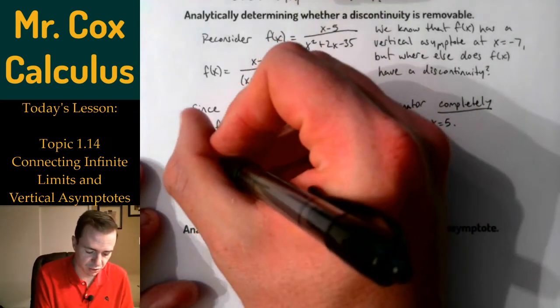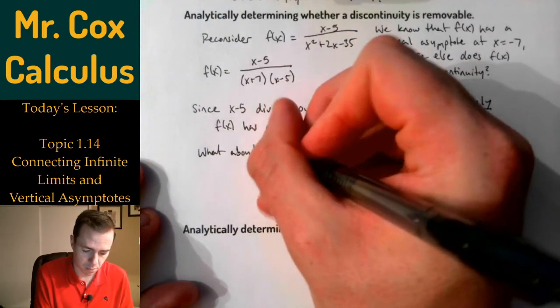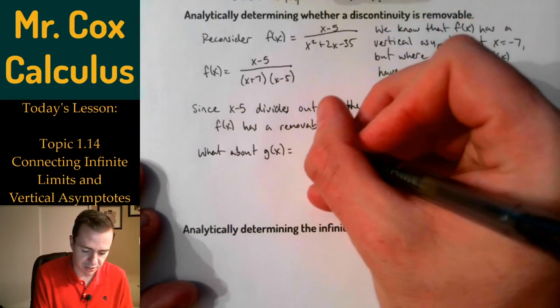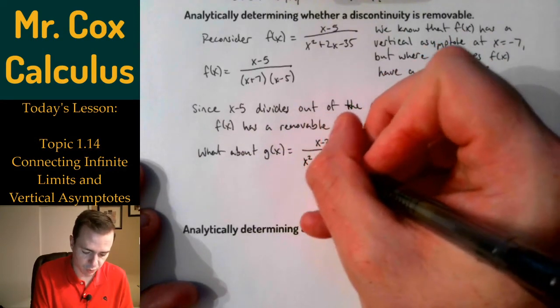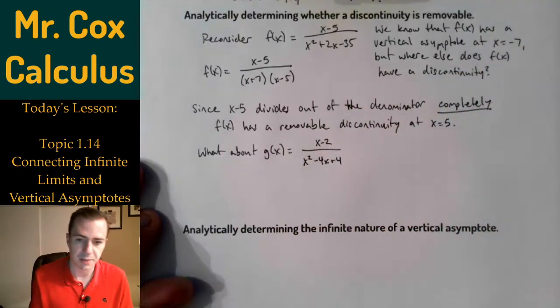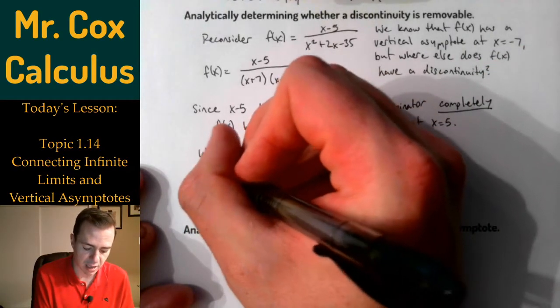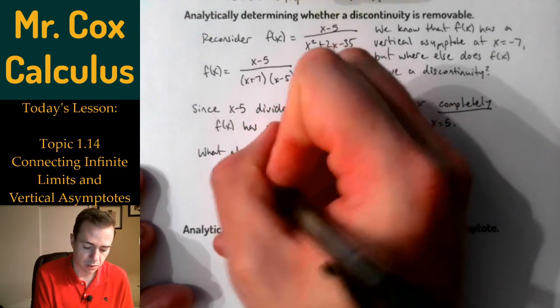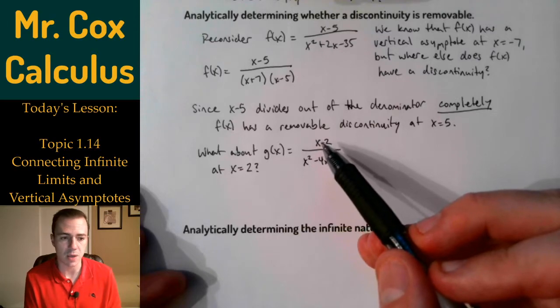What about the function g of x equal to x minus 2 in the numerator and x squared minus 4x plus 4 in the denominator? And I really want to look at this function at x equal to 2. Well, if I substitute 2 in, I get 0 in the numerator.